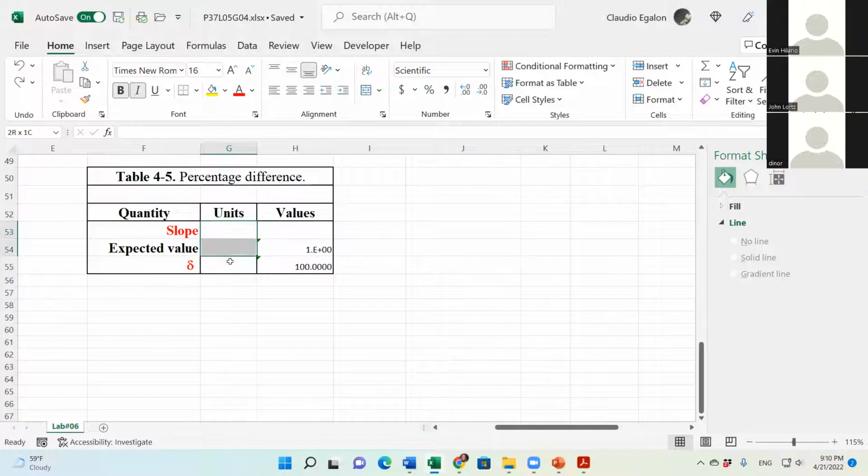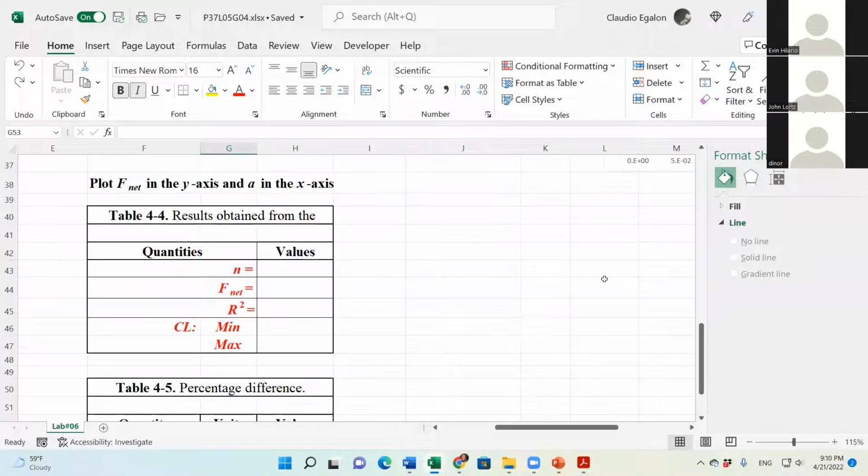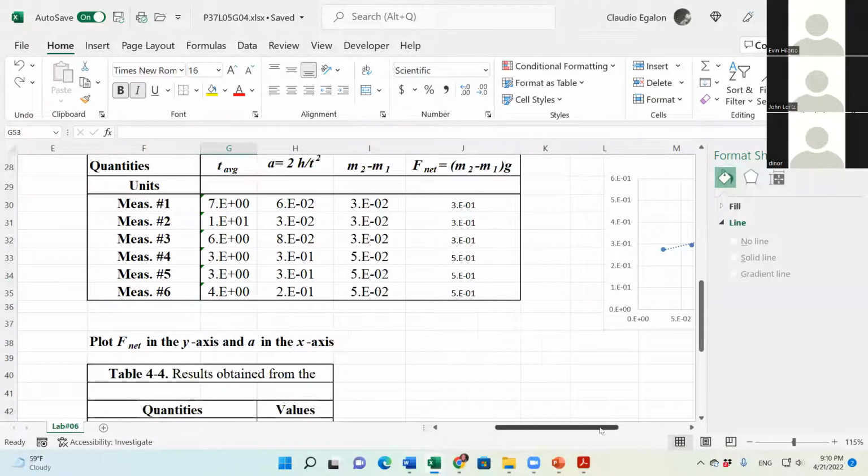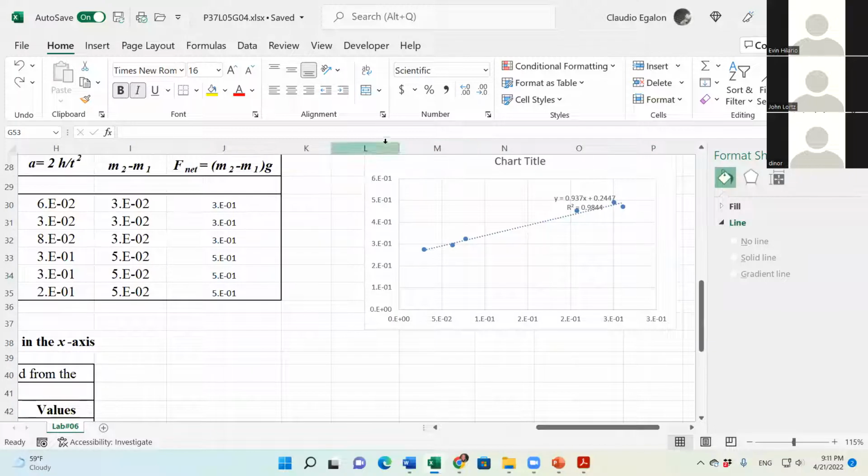Then you have to worry about those units as well. Look at the graph and find the units of the slope: the unit of the rise divided by the unit of the run. So do a graph there. What's the unit of the rise here on your graph?